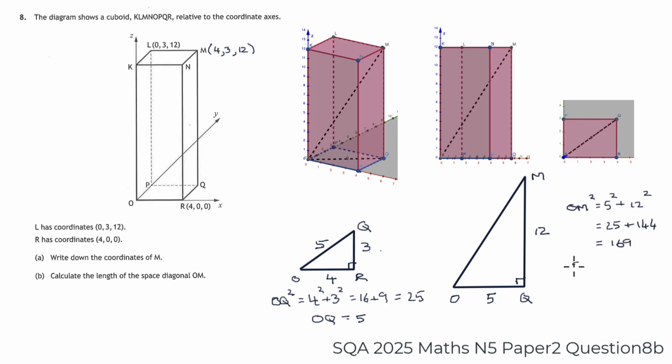And the square root of 169 is 13. Now OM is the space diagonal that we're after, the length we were asked for in the question. So OM is equal to 13 units.